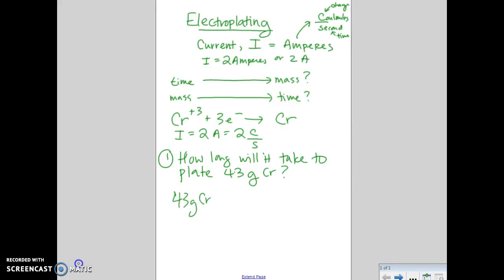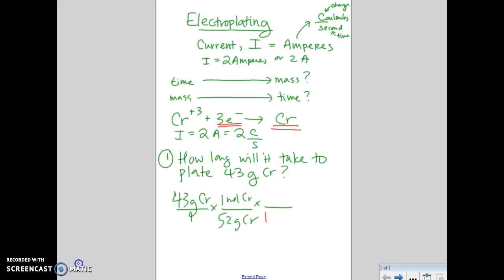43 grams of chromium. We want to convert that to moles of chromium, which, if we look on our periodic table, is about 52 grams for 1 mole. Then we use the relationship here between my metal and my moles of electrons.